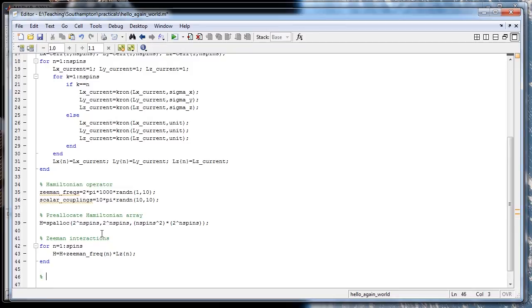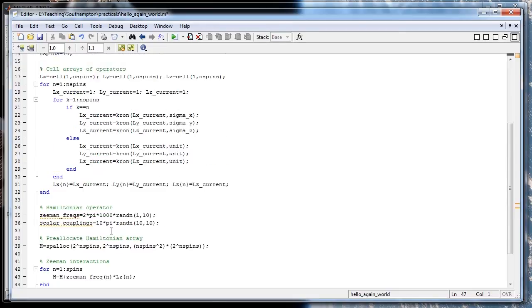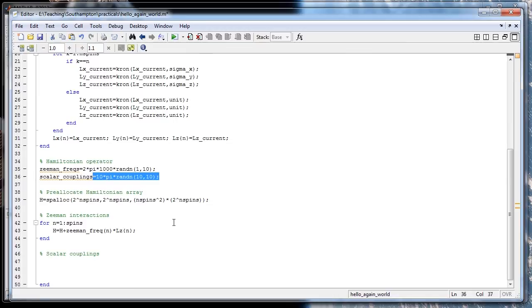And now the couplings, scalar couplings. I will do a double counting here, just thinking that the elements of this matrix here have been appropriately doubled where necessary. But of course, one thing that we don't have in liquid state NMR is that a spin is not coupled to itself.